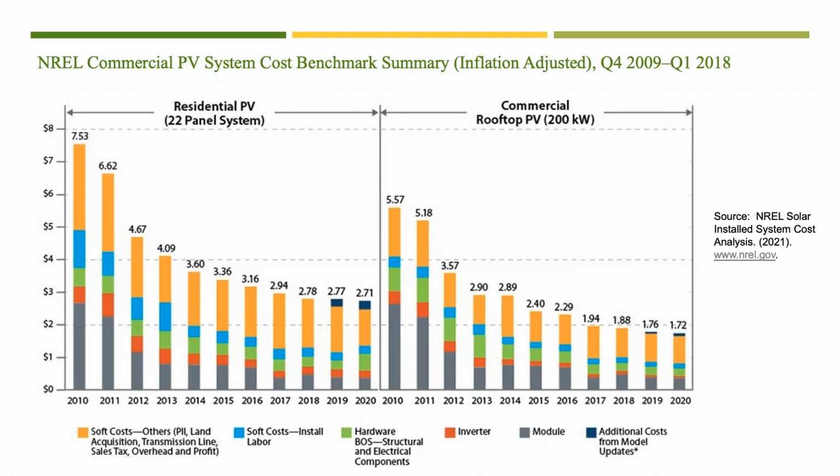So I place a lot of value in these reports, and anyone interested, I certainly encourage you to search the NREL solar cost benchmark reports, and I can also send that information out if you're interested.